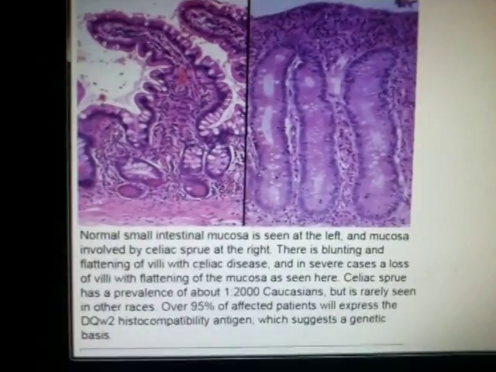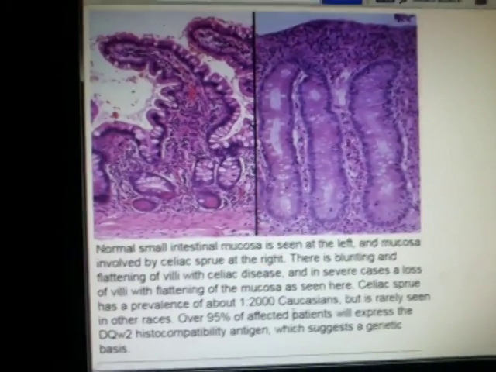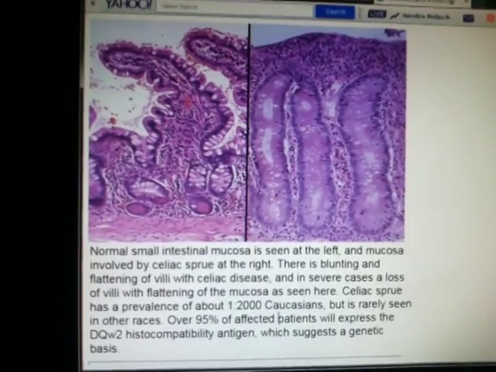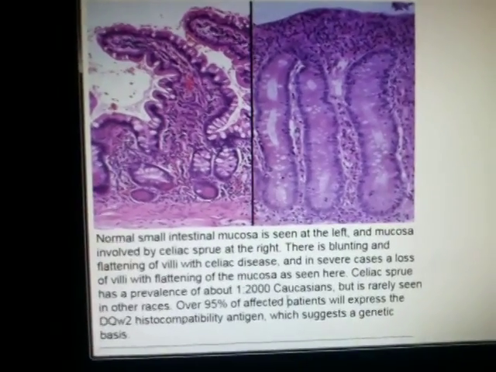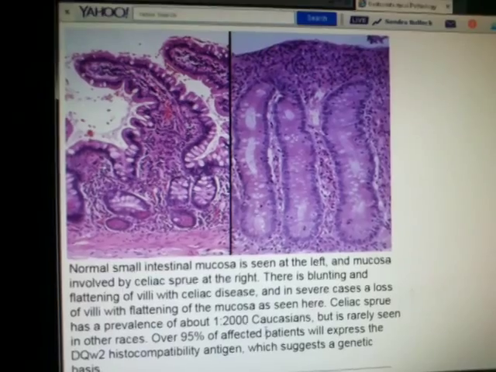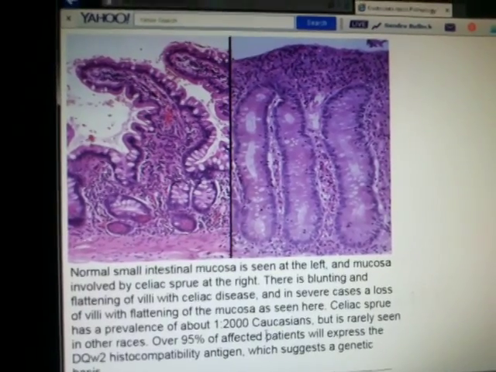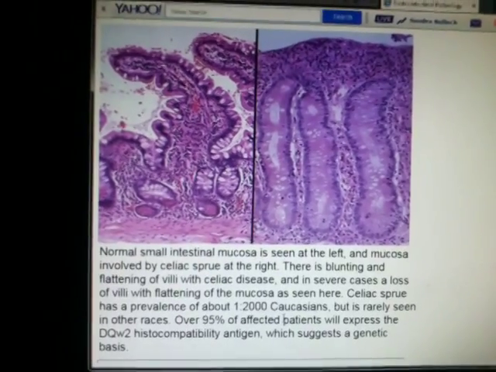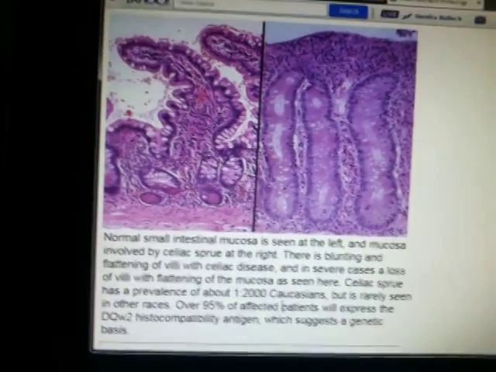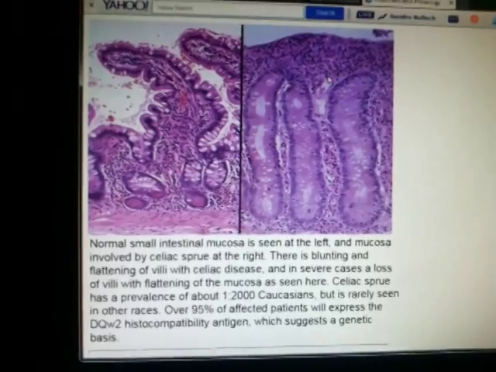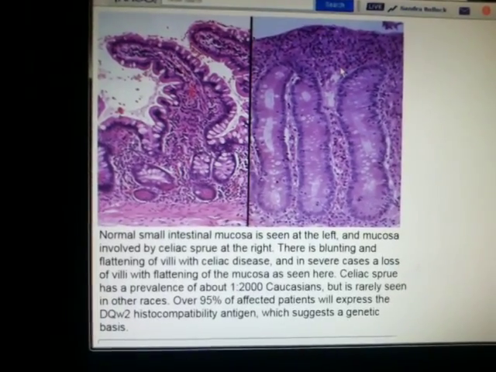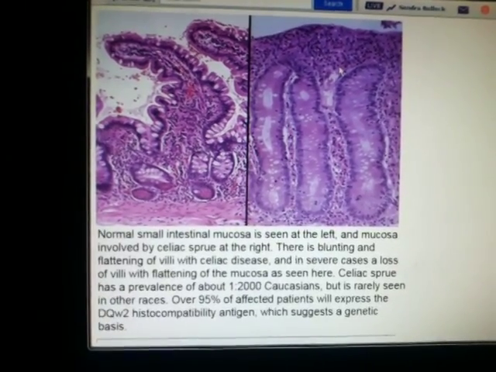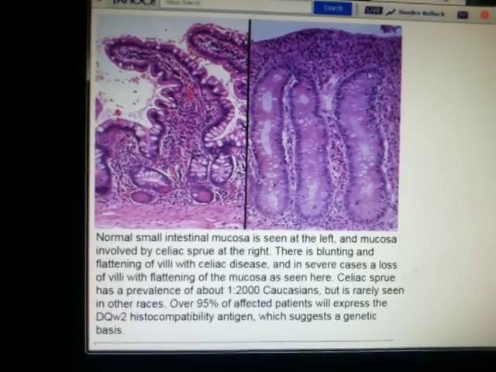In this disease, the patient has a gluten sensitivity. Gluten is a material found in grains and cereals. So the patient will have increased inflammatory cells in the lamina propria, and these are usually plasma cells and lymphocytes. They will attack the epithelium.